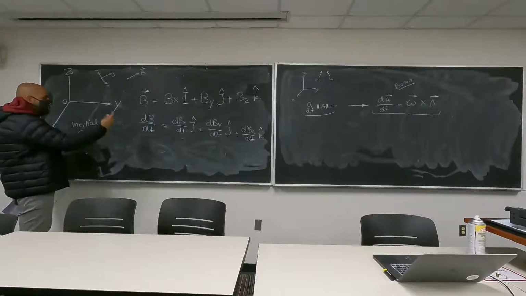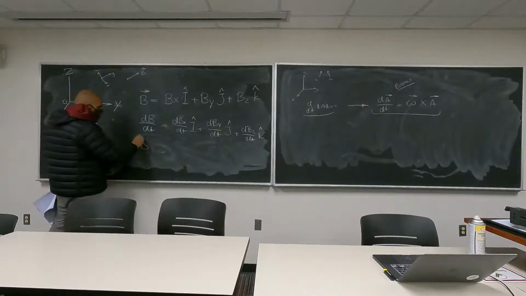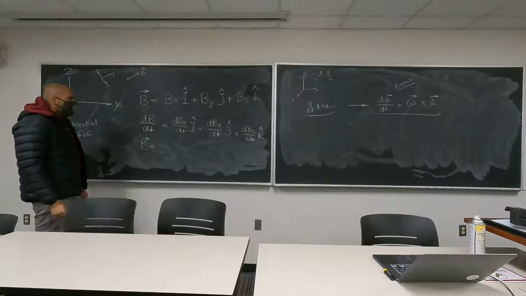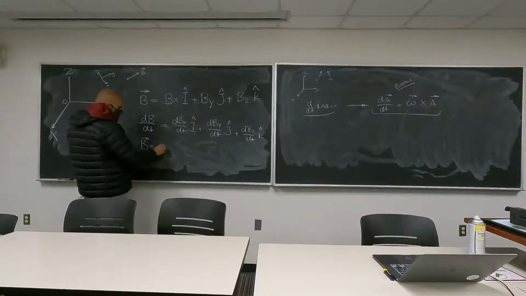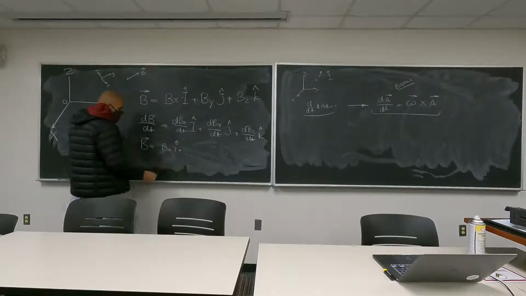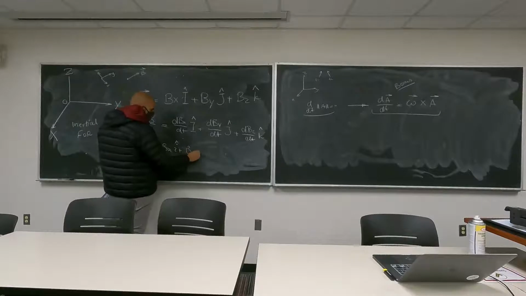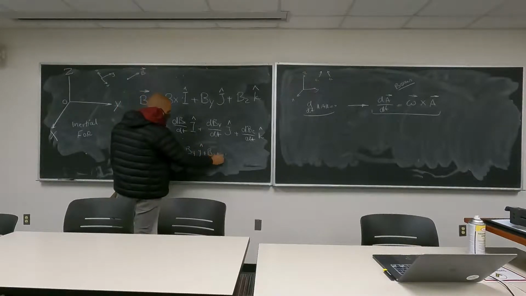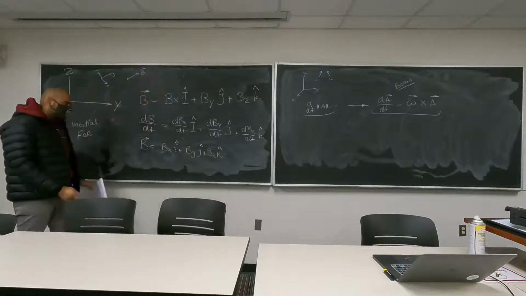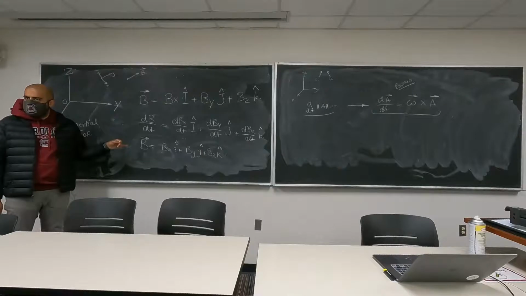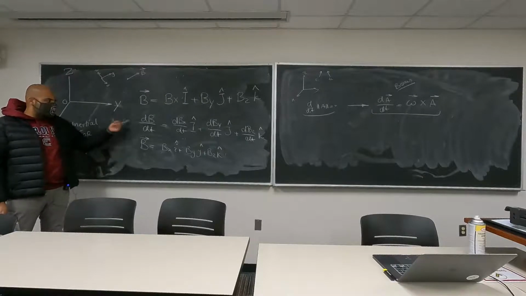Well, if you write this vector for this moving frame of reference, let's say everything is in small letters, so Bx i plus By j plus Bz k, is the derivative with respect to time going to be different, or is it going to be the same as this one?